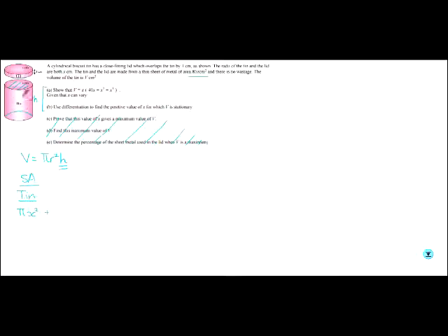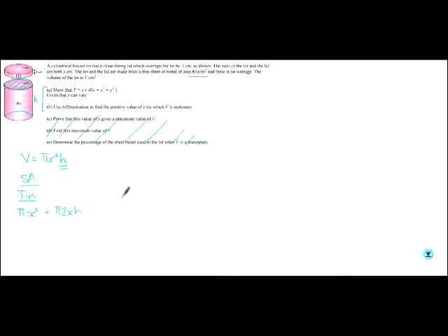You should see that this length all the way around represents the length of your rectangle. The length all the way around is the circumference, which is pi d, and the diameter is 2x. We're going to times that by the height, which we still don't know. Okay, so that's the tin.